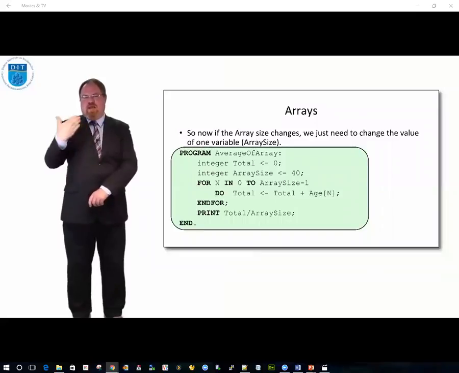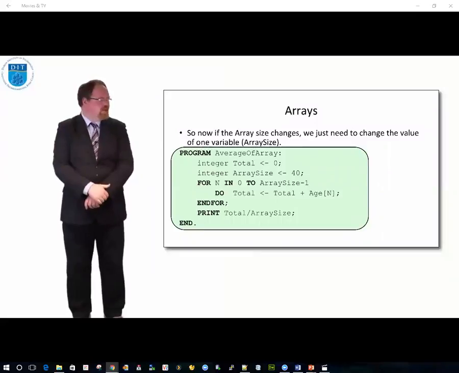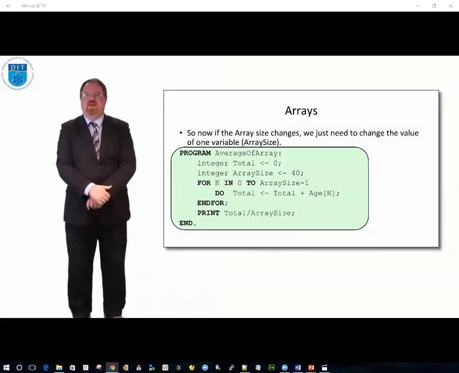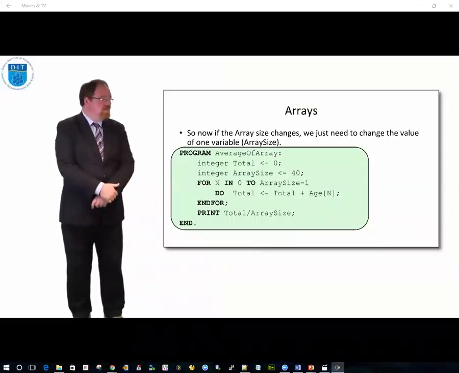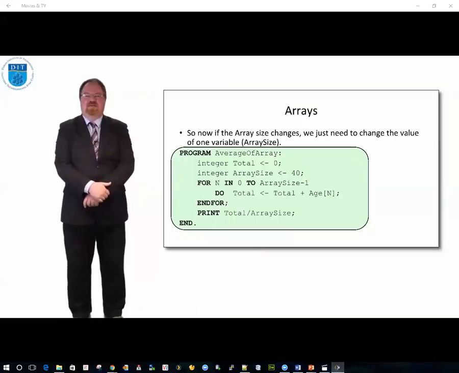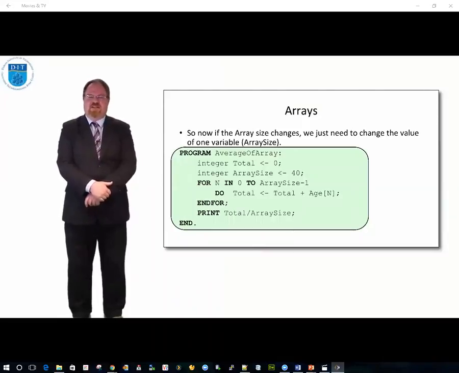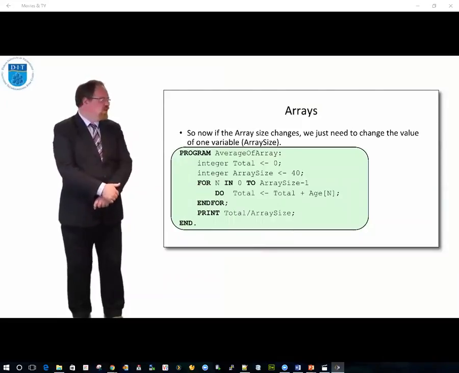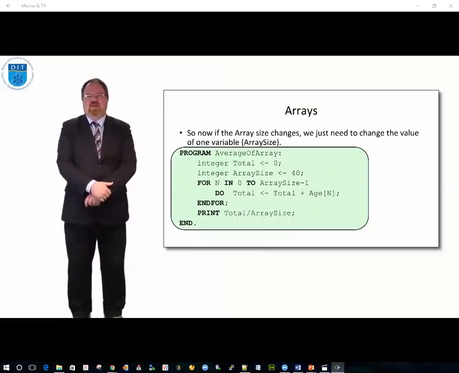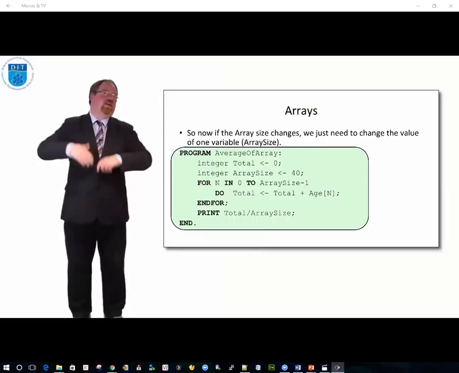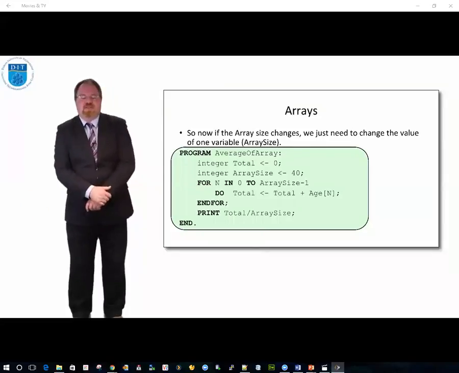So we like using variables like that. It's almost like defensive driving. Anytime we hard code a value in, we end up with problems like the Y2K problem, where in the year 2000 there were a lot of problems because certain year values were hard coded in. So we try and avoid hard coding things like the size of the array, or, I don't know, the compound interest rate we're paying.